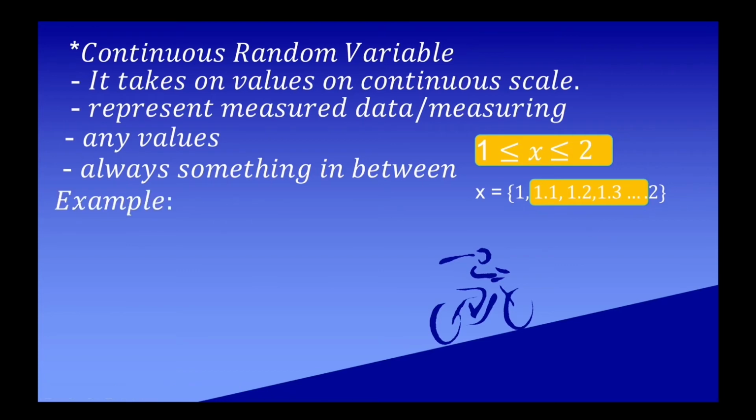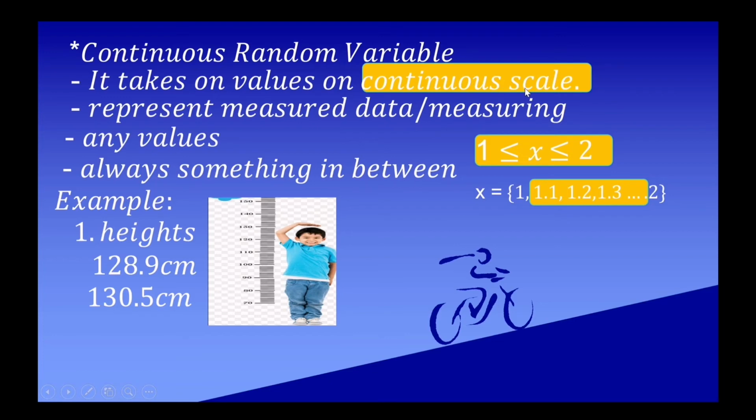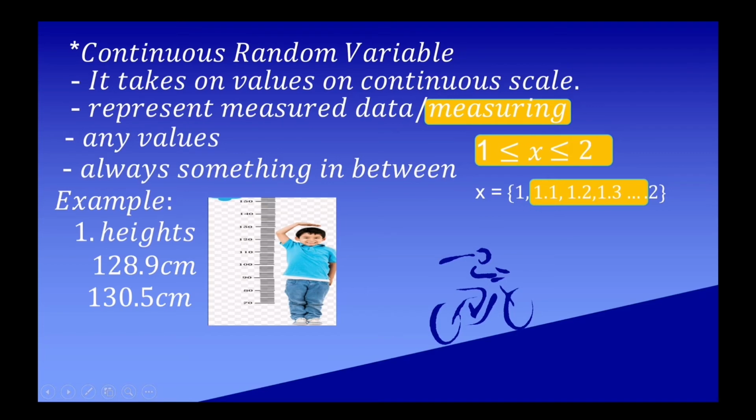So we have here examples of a continuous random variable. First, the height of a person. With this picture, the kid's height can take on any value, like for example 128.9 centimeters. We can find another person's height somewhere in between, like for example 130.5 centimeters. So it takes on values on a continuous scale, and the value can be obtained by measuring and is represented by measured data.